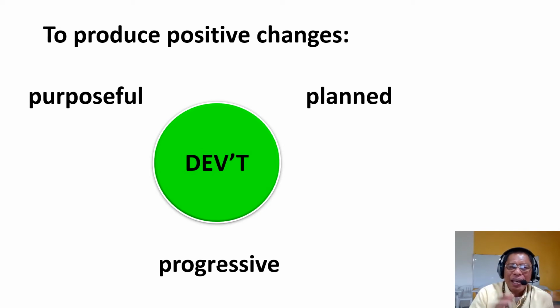It entails a lot of things to be considered and things to be done. It's a complex process. No? So there should be planning. And it should be progressive. No? So yun. Yung mga pagbabago sa ating paligid, especially in our curriculum, dapat sila ay purposeful, no? Those changes should be planned and those changes should be progressive so that we will achieve development.